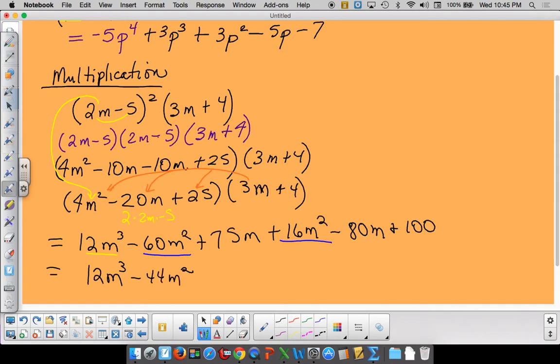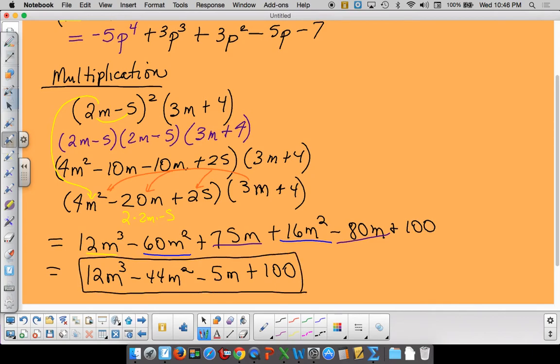Then I'm going to combine the m's. 75m minus 80m is going to leave me with negative 5m. And last but not least, the plus 100 goes on the end. And there you have actually done several different problems at once. We squared a binomial, and we also learned how to multiply a binomial and a trinomial.